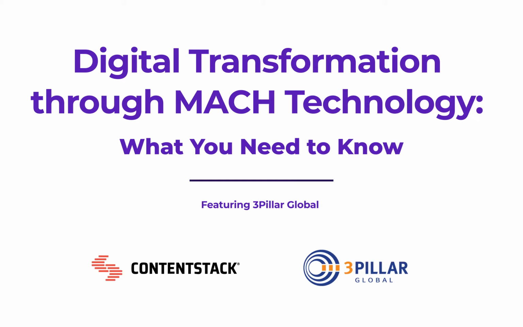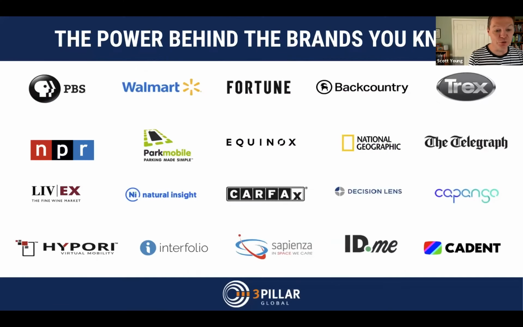Thank you. Hello, everybody. So the first thing I'm going to do is introduce myself. I'm Scott, Solution Architect with 3Pillar. And I'm going to tell you a little bit about who 3Pillar is. We are a product development company. We build software products.